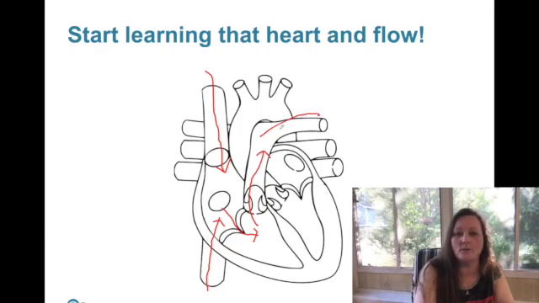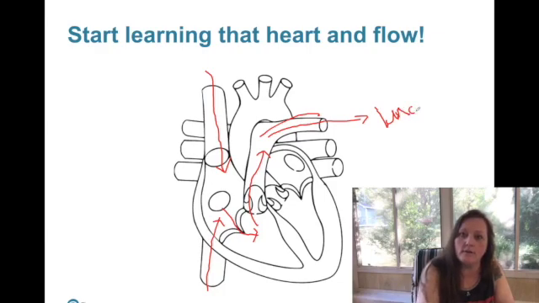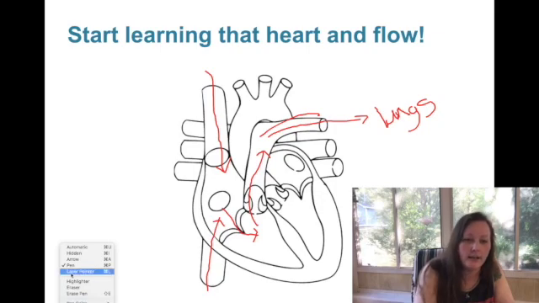Well, you know where it's supposed to go. It's not supposed to be out of that artery. And then I say lungs. Whoa, this is a lot harder to write with. There we go, lungs. Now, can I change the color? Yes, I can. There we go.